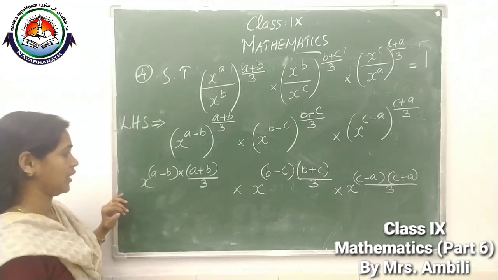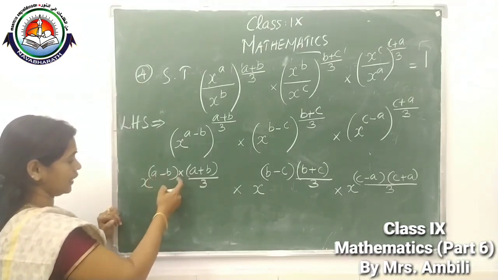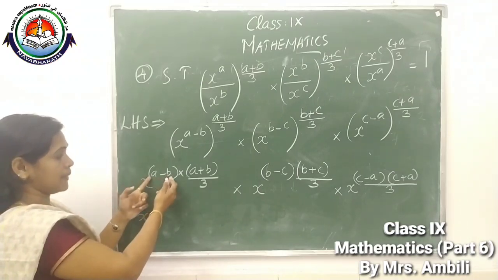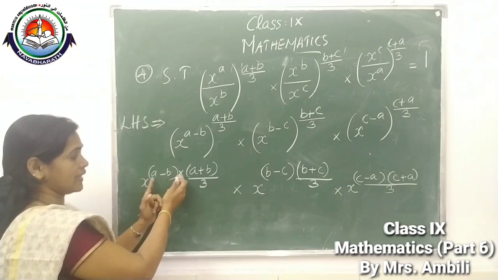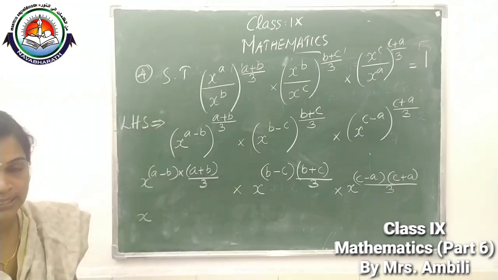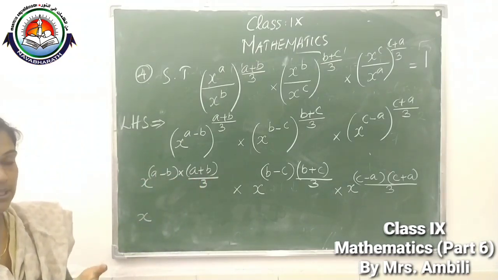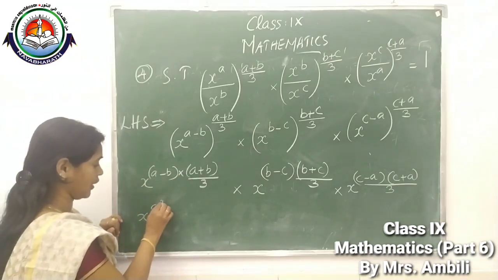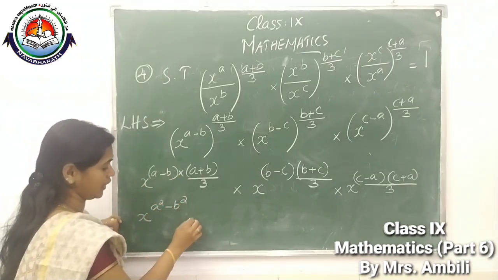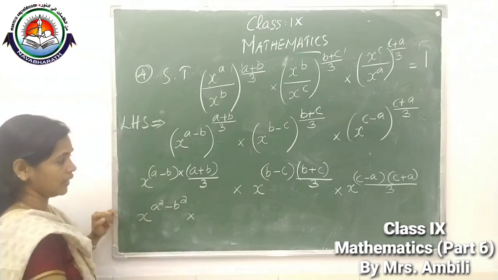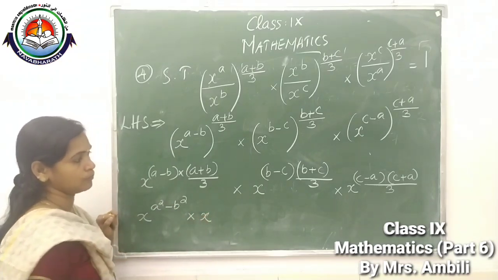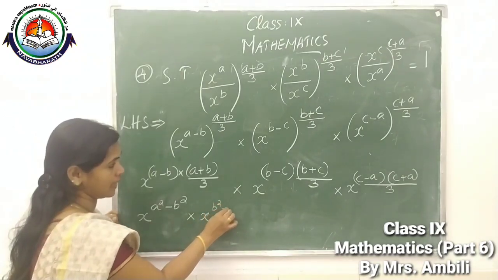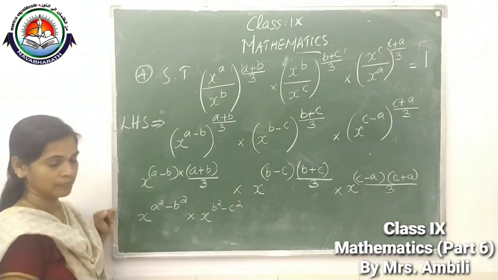Clear? Okay. Then listen, here (a+b)(a-b), or (a-b)(a+b), we know what that is: a square minus b square. So we write a square minus b square. Next, (b-c)(b+c) is b square minus c square.